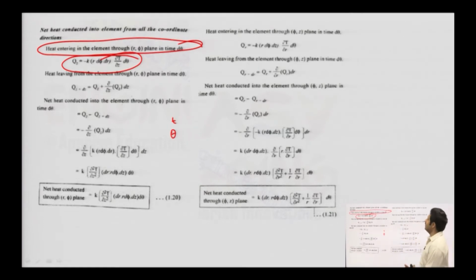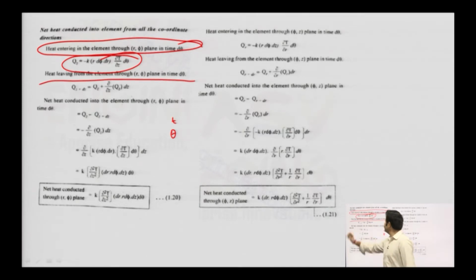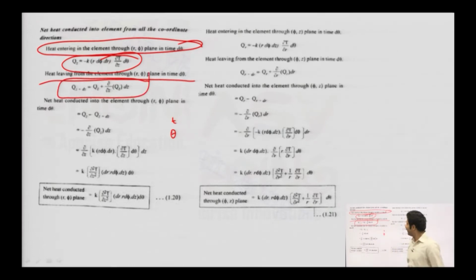So qz equals minus k r d phi dr del T by del z d theta. Heat leaving the element through the r phi plane in time d theta will be qz plus dz. And you know what qz plus dz is, what qr plus dr is, and so on.